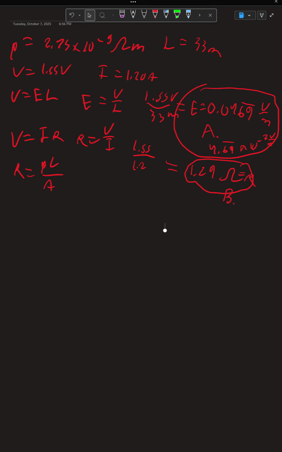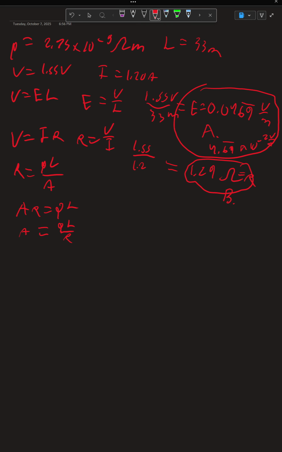Multiply both sides by A, so A R equals ρL, then divide by R. So A equals ρL over R. Just a little bit of algebra like always, and then we plug everything in.